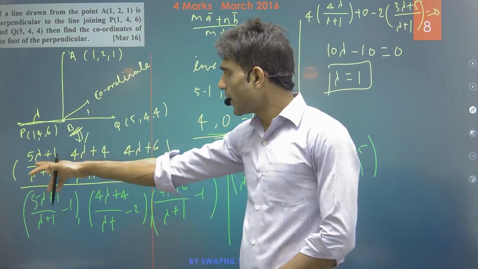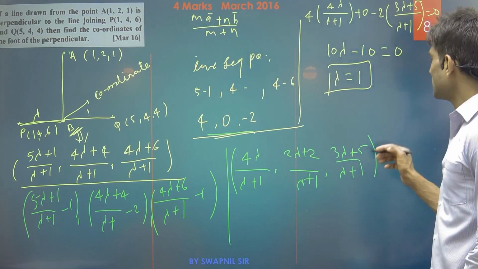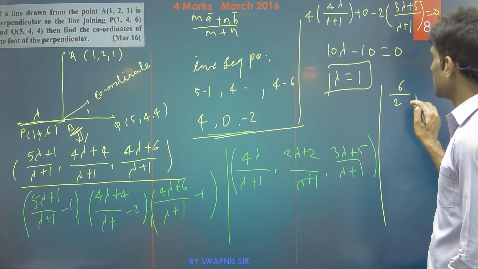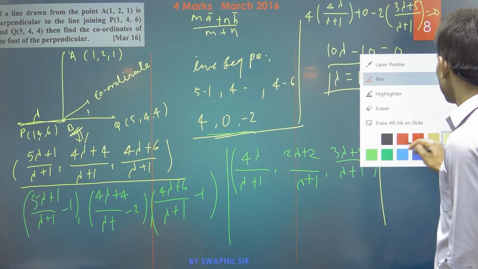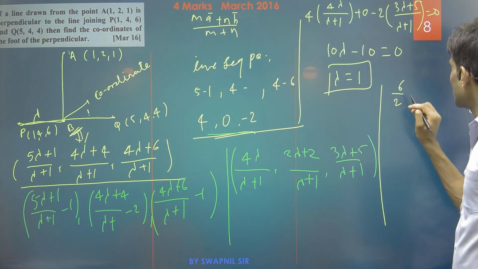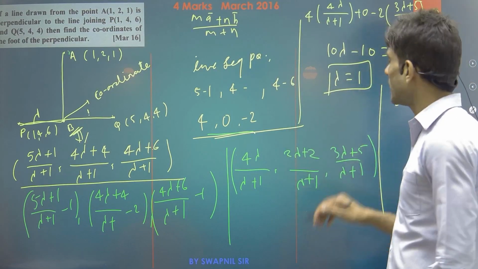So 5 into 1 plus 1 is 6. We will get 6 as the numerator. Lambda plus 1 means it is 2, so the first one is 6 by 2. Second one is 4 lambda plus 4, that means 4 plus 4, 8 divided by 2.